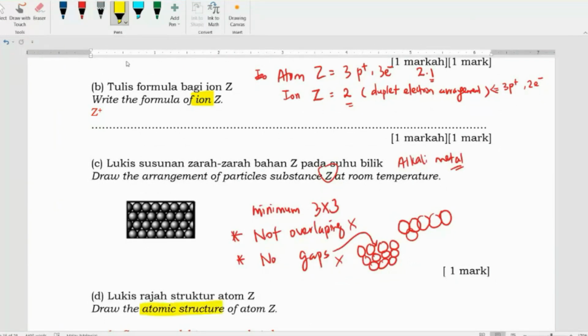What is the first thing you have to ask? What is the electron arrangement for atom Z? Trinity, try. How is it arranged?